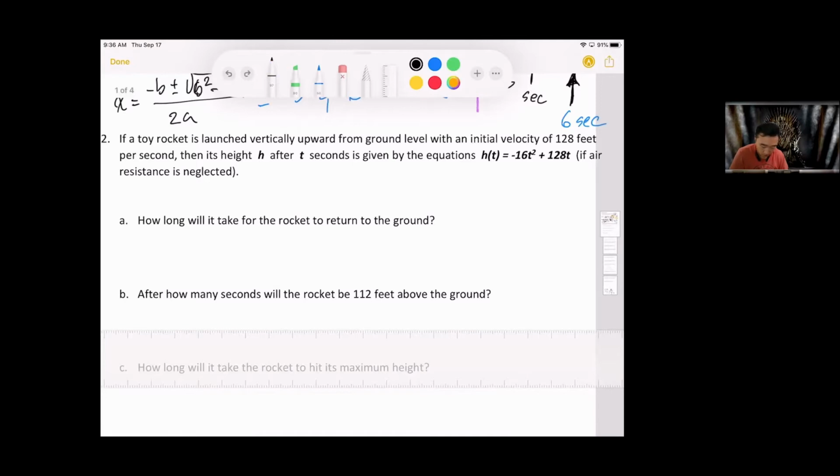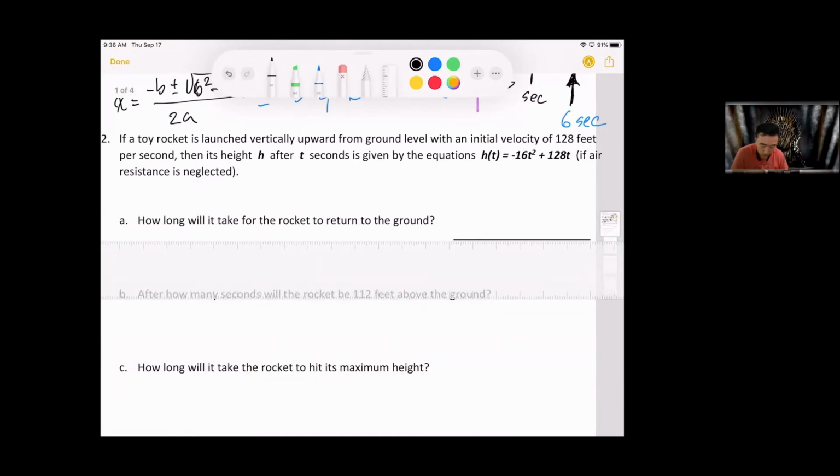So let me see here. This is the ground. That's the X. X is the ground.